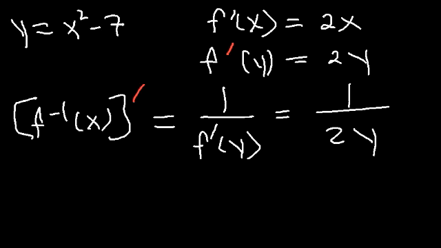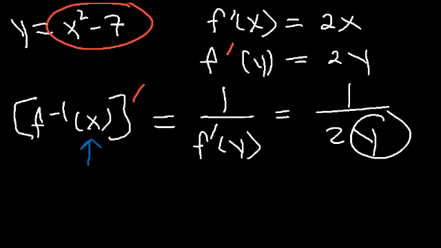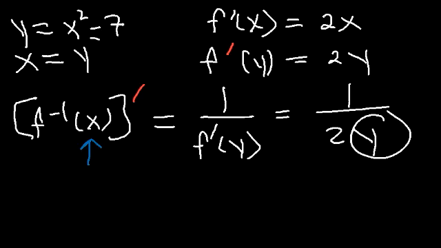Now let's say we want it in terms of x. What should we replace y with? What you don't want to do is replace y with x squared minus 7, because that's y for the original function. Rather, since this is the derivative of the inverse function, you need to switch x and y first. x is equal to y squared minus 7, and then let's solve for y.